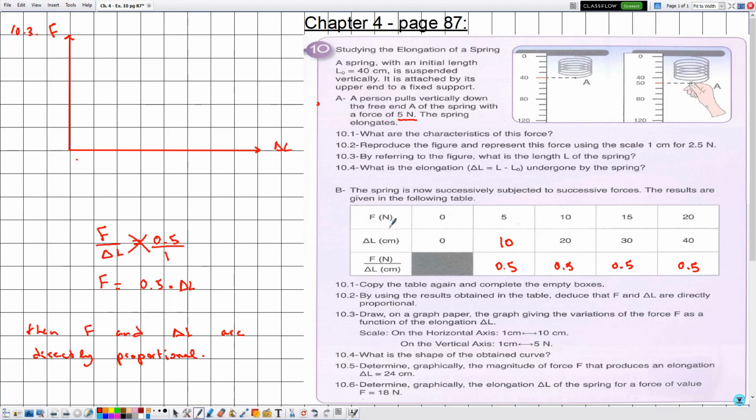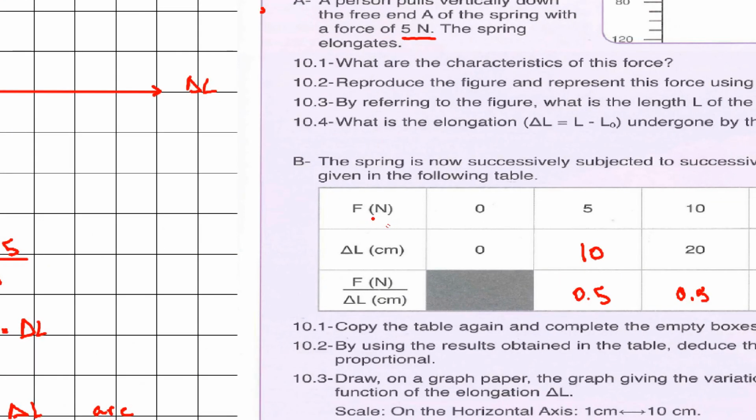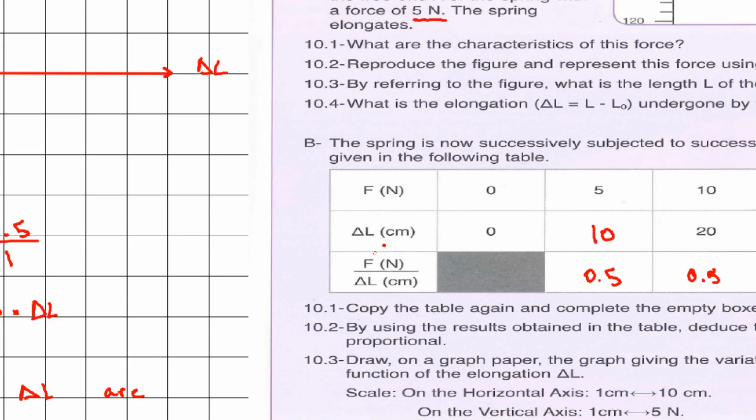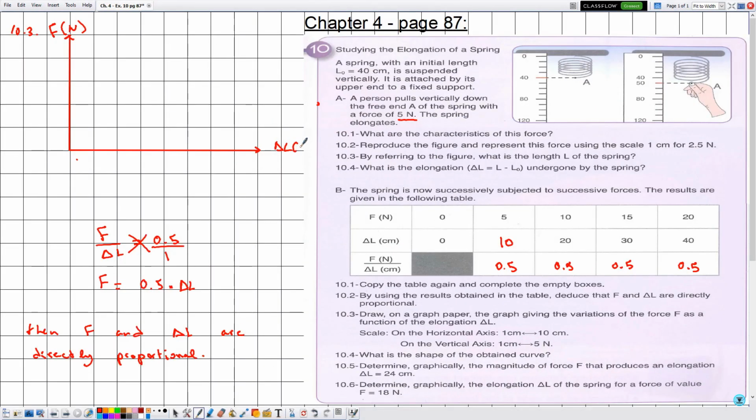Now from the table, the force F is given in newtons and delta L is given in centimeters. Now let's write the scale. The scale is: each 1 centimeter corresponds to 10 centimeters.